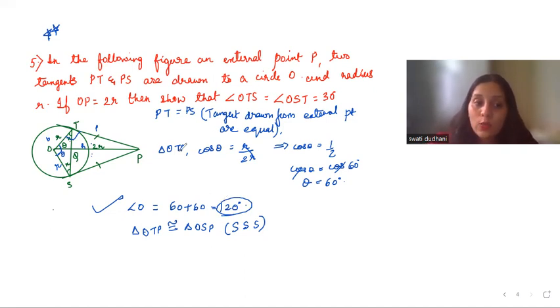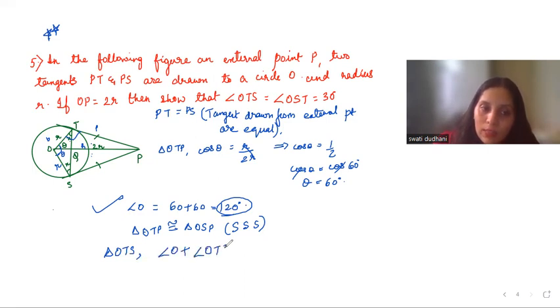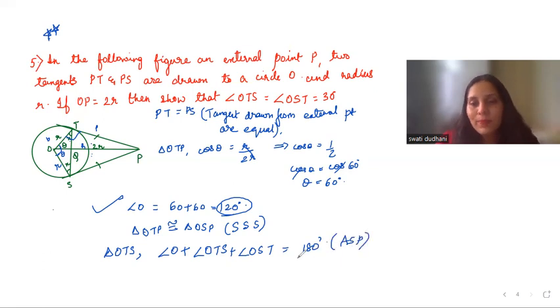But what do we need to find out? We need to find the value of X. Now if I consider triangle OTS, angle O plus angle OTS plus angle OST is equal to 180 degree. Again, angle sum property. So angle O is equal to 120 plus both of these angles are X. Why are they X? Because they are equal. OT and OS are equal because they are radii.